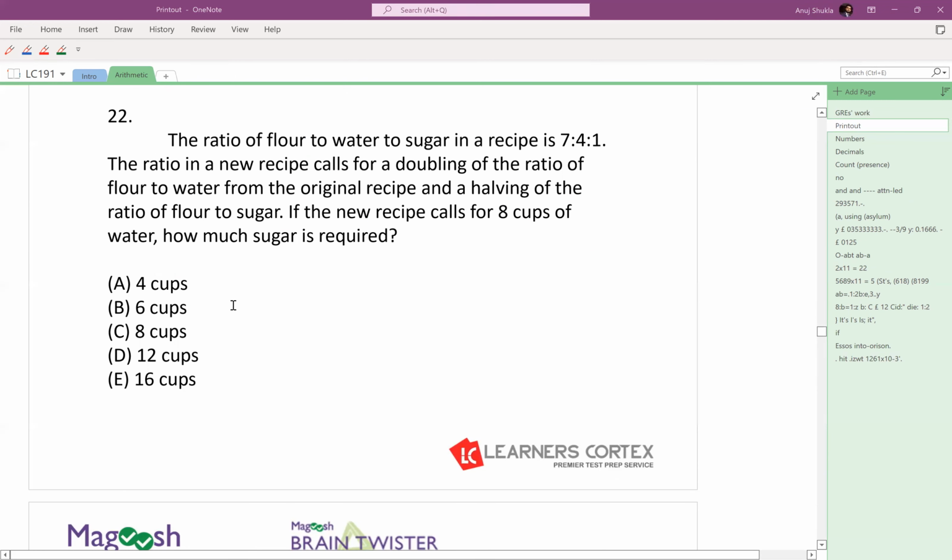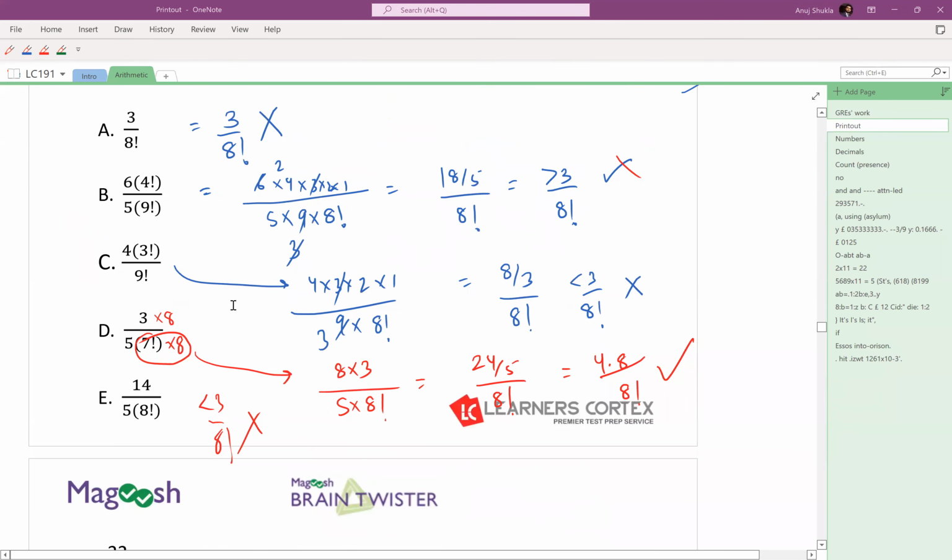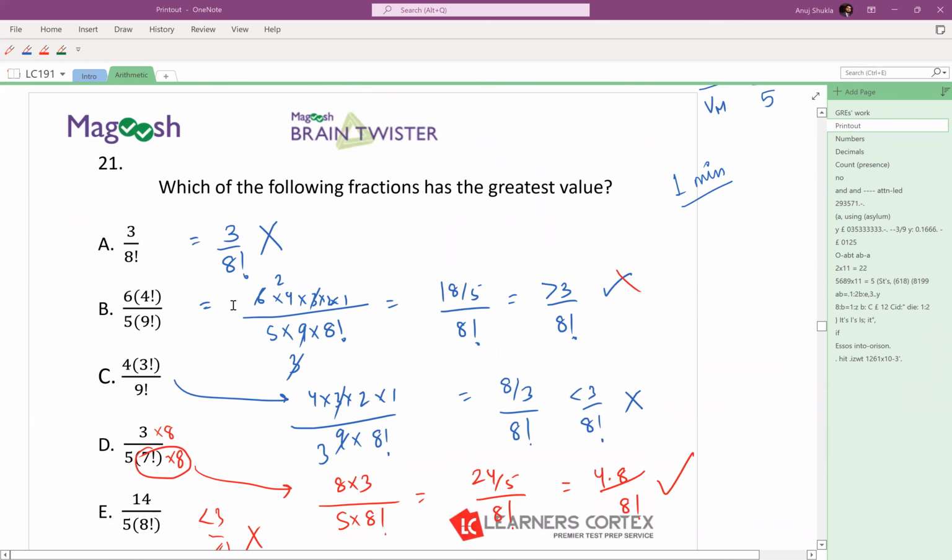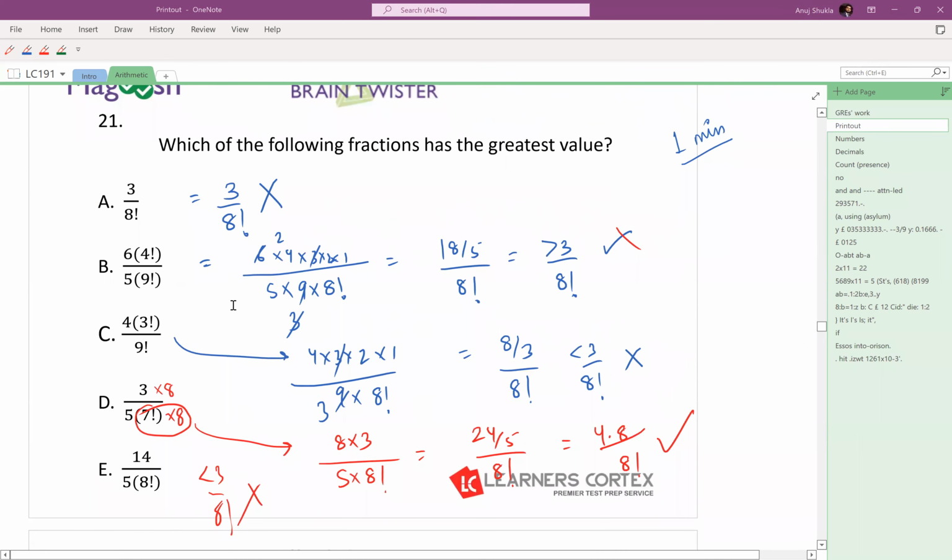Sir, once can you show the previous work? Sir, that was 4 into 8 by 8 factorial.